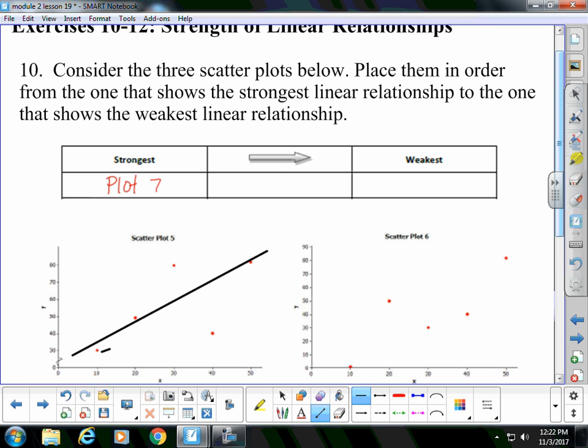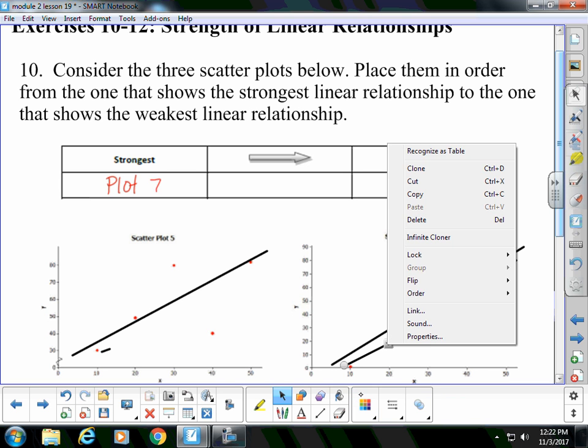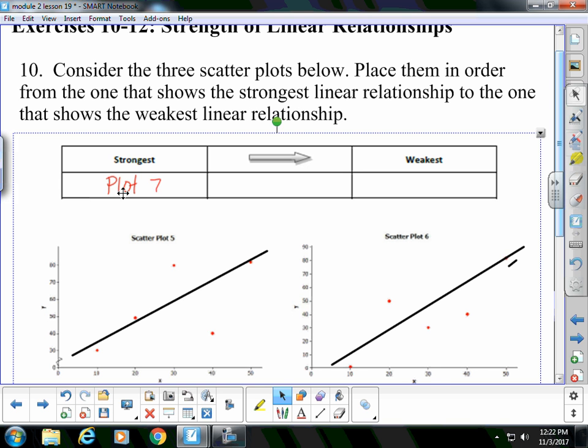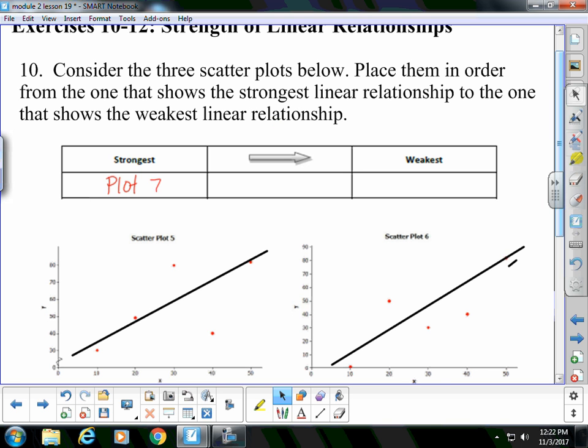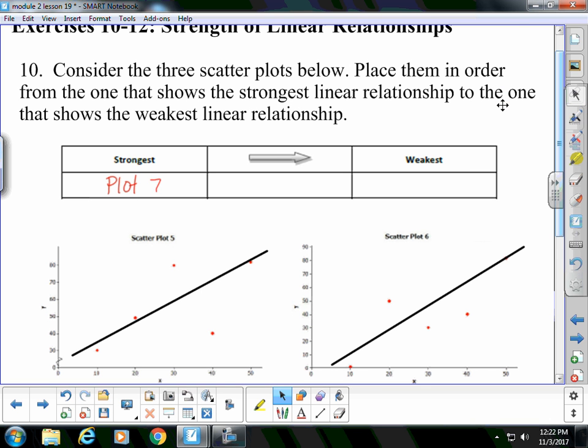And here's plot, oops, making 2 lines at once. Some extra little lines in here. So, which one looks stronger?